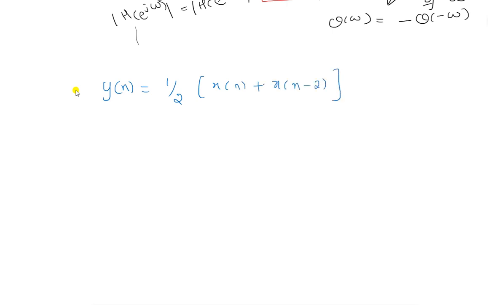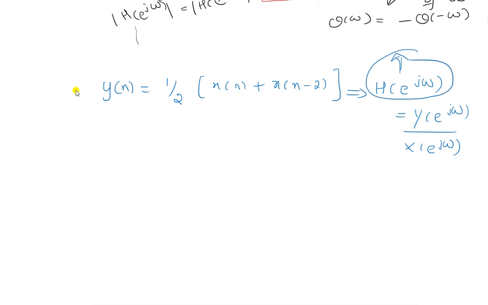In order to determine the frequency response of this function, you should express it in terms of H of e to the power of j omega, that is equal to Y of e to the power of j omega by X of e to the power of j omega. If you can determine the given function in terms of Y of e to the power of j omega by X of e to the power of j omega, then it is equivalent to H of e to the j omega, which is nothing but the frequency response of the system.